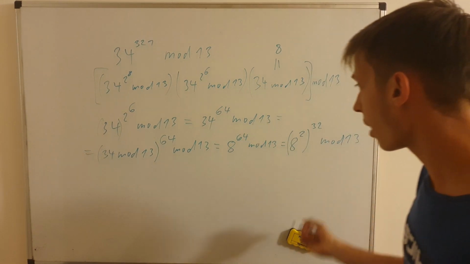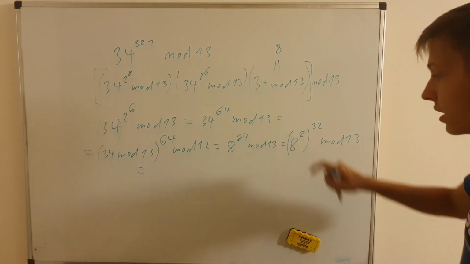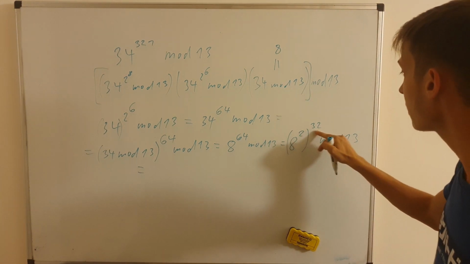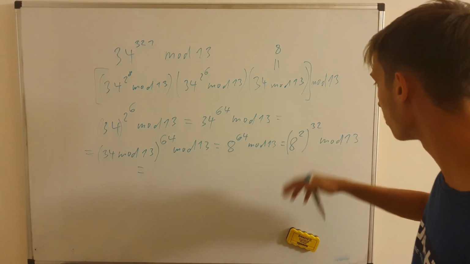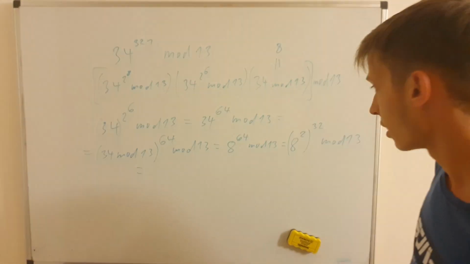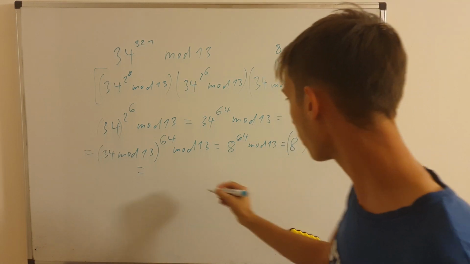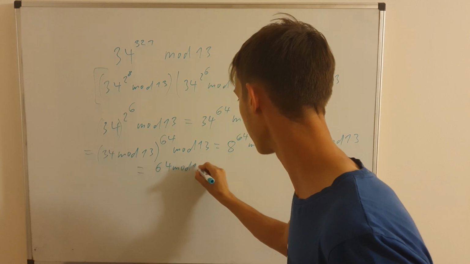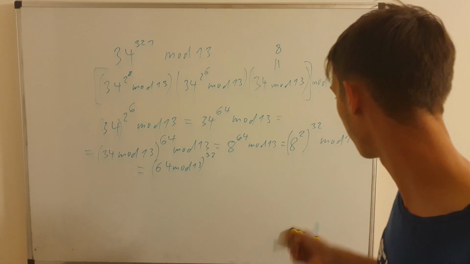But what I can do now is put mod 13 in between here as well, because that will be the multiplication. This will mean that I multiply 32 times, and we know that for multiplication we can put the mod individually to each of them. So I can show that with the powers. So this is 64, and I can do 64 mod 13 on the inside as well. And then the 32 will be on the outside of this mod operation.